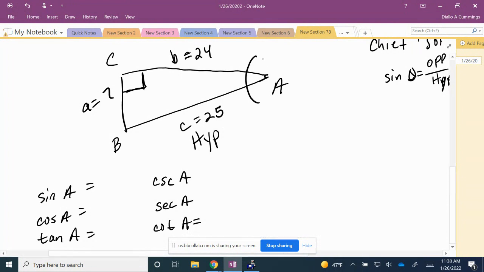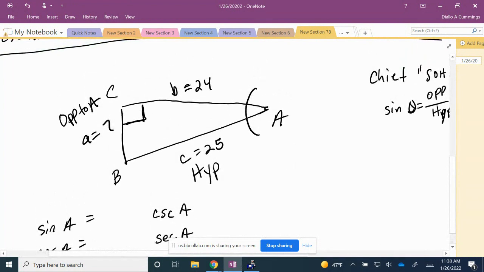We have angle A. The side that's opposite angle A is side length a. So that's our opposite side. And then lastly, we have our adjacent side. Our adjacent side is going to be side b, which is adjacent to angle A.